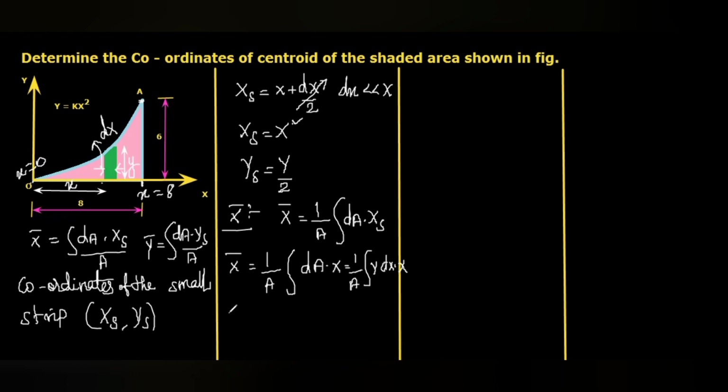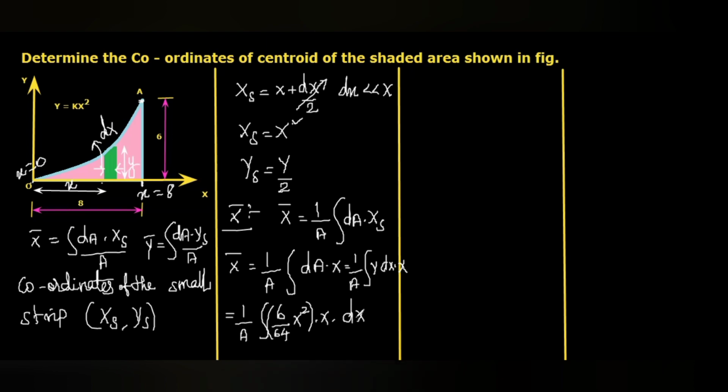So we can write x bar equal to 1 by A integral of the value of y, that is 6 by 64 multiplied with x square. And then here another x is there, multiplied with dx.